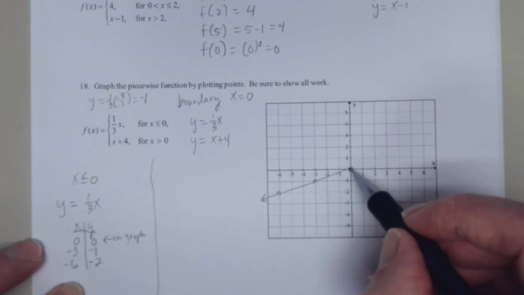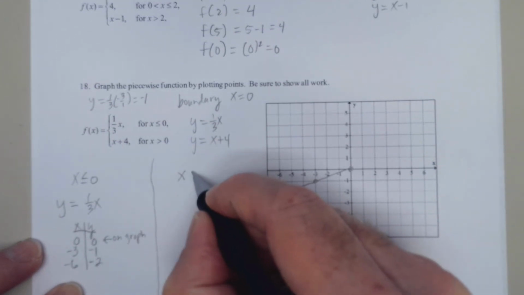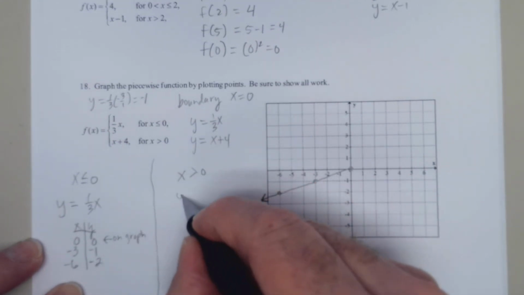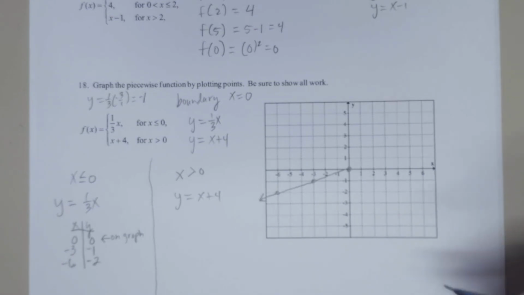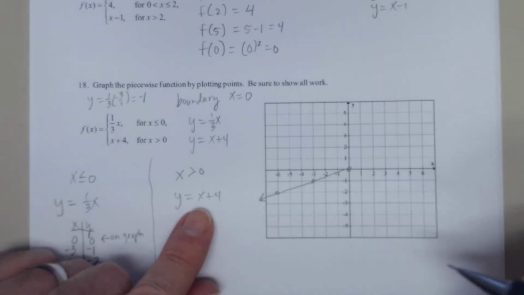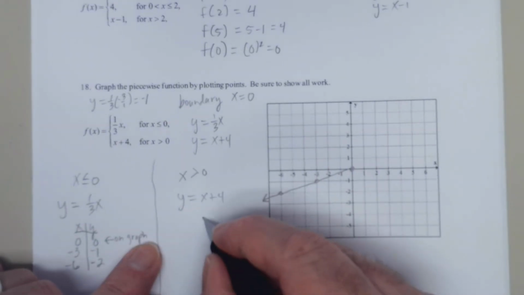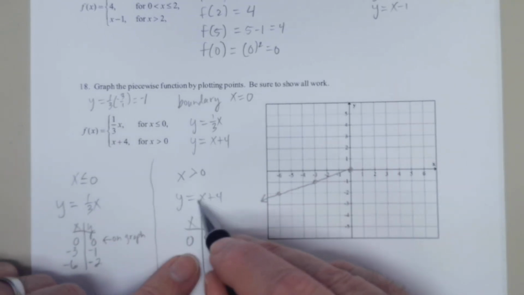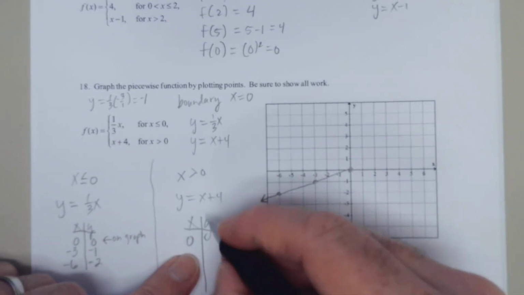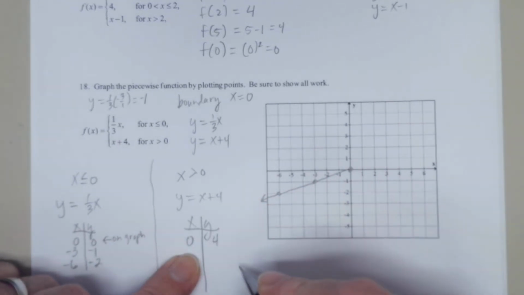Now things change at 0, so when x is greater than 0, we use y equals x plus 4. We use that graph. Well, when x is 0, that is our borderline value. Notice you would get 0 plus 4, which is 4.